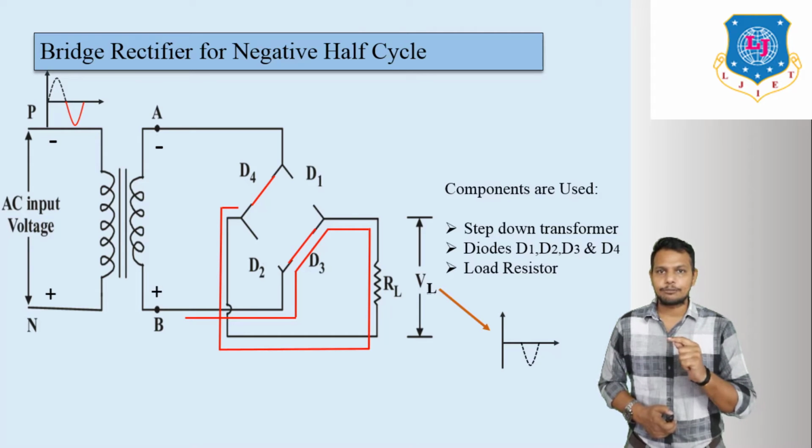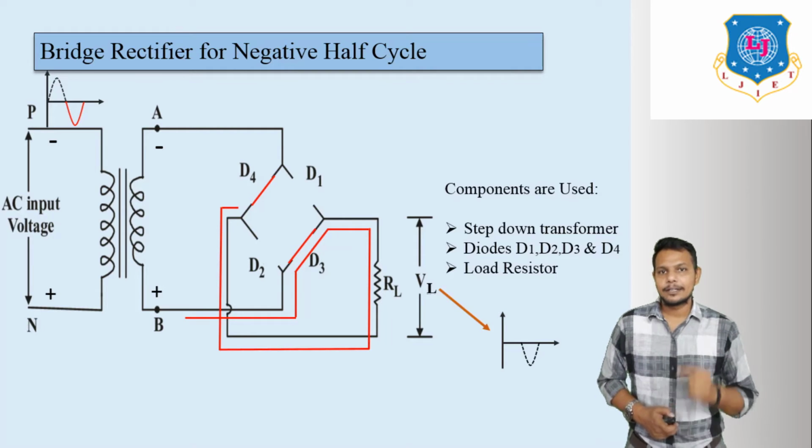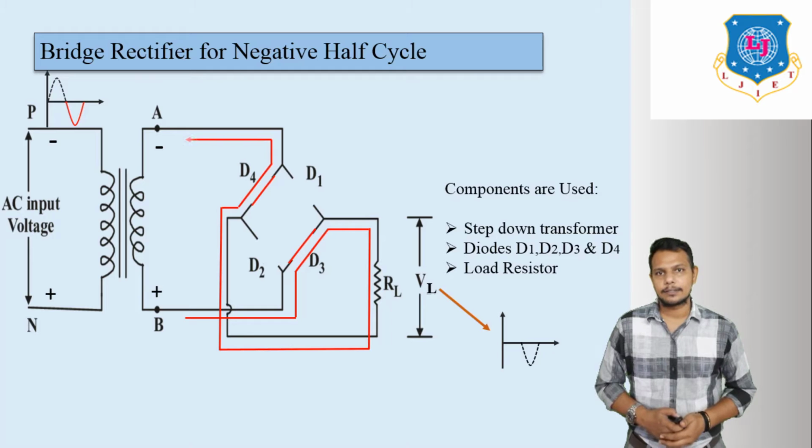If current flows from the D4 side, it becomes a closed loop. If current flows from the D2 side, then it becomes an open circuit because it works in reverse bias. That's the reason D2 is open circuited and D4 is closed circuited. So current is flowing from plus to minus like this.